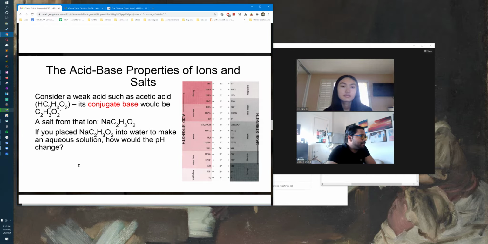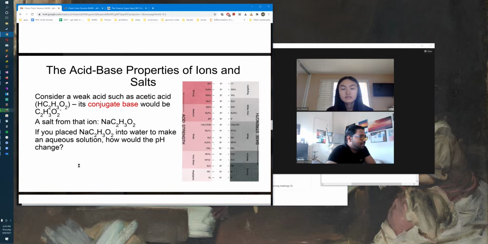So if you placed the salt into water to make an aqueous solution, how would the pH change? We're just adding it to water, and it dissociates into Na plus and C2H3O2 minus. So you're going to get a conjugate base there.